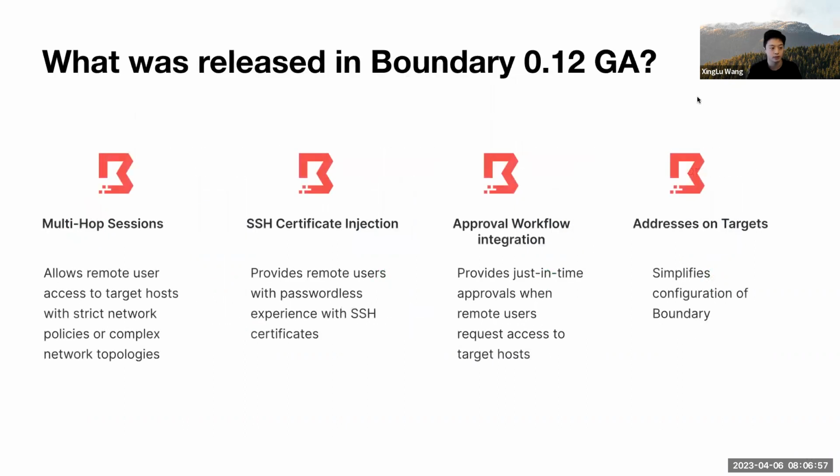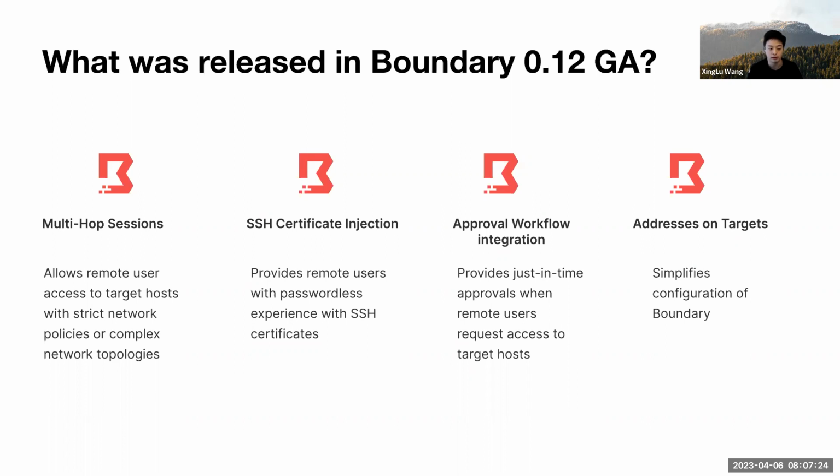So again, a quick recap on some of the new features in Boundary 0.12. We have multi-hop sessions, which allows users to access remote targets with strict network policies or complex network topologies. SSH certificate injection, which ups the level of security for SSH secrets management within Boundary.